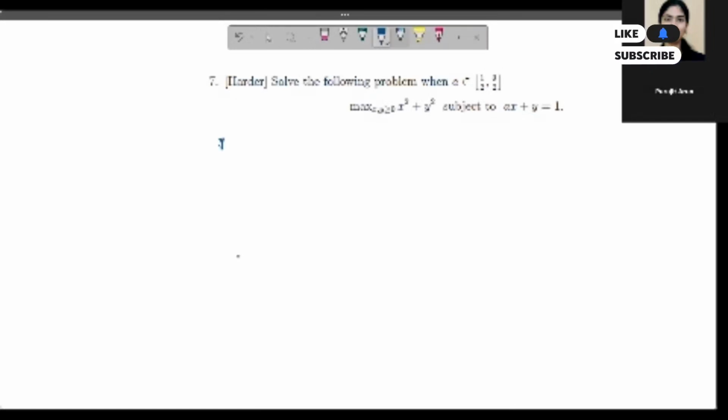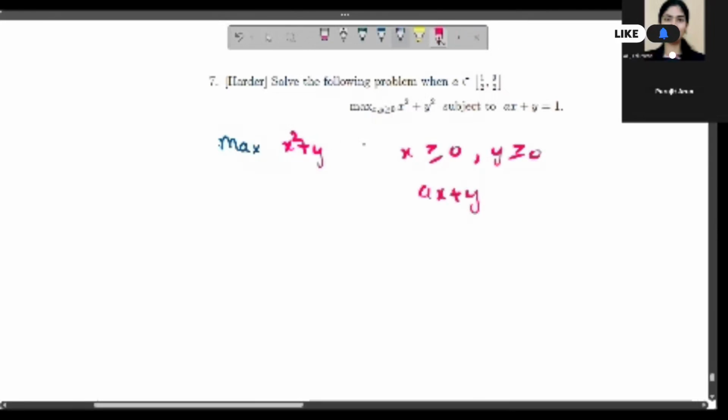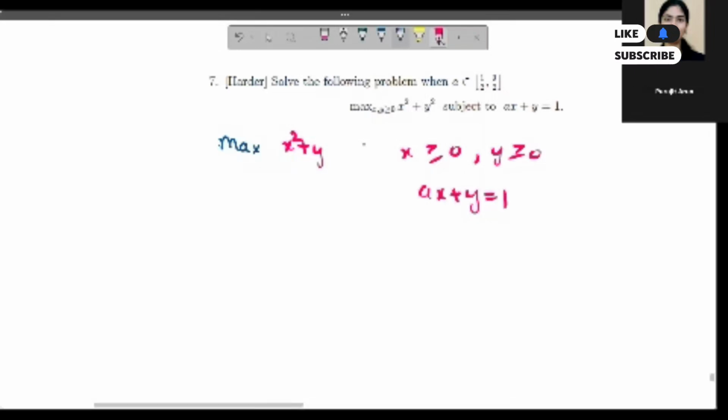So whenever it is an optimization question, first of all, write down the function which is x square plus y square, the constraint which is x greater than or equal to 0, y greater than or equal to 0, and ax plus y equals 1, right? Yes, ma'am. So this is the question.